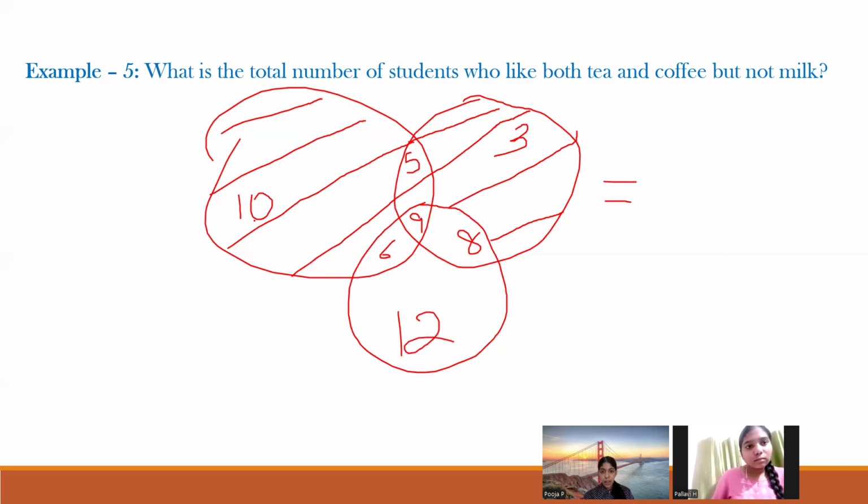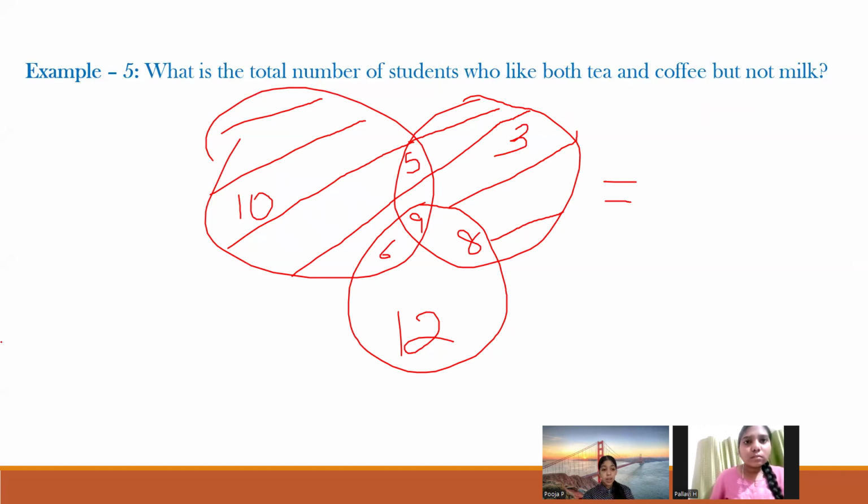We are supposed to add 10, 5, 3. Yes, 10, 5, and 3. How much? 18, ma'am. Correct. So, yes, who like both tea and coffee but not milk. One second.